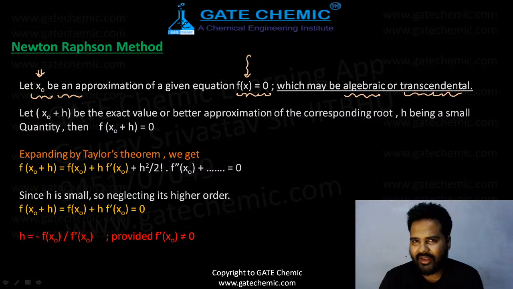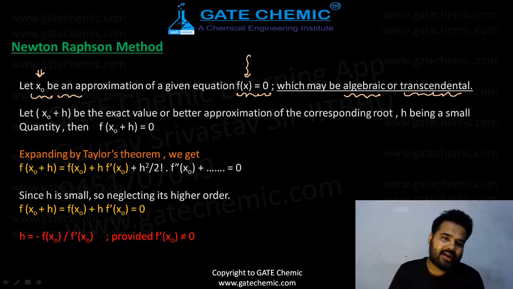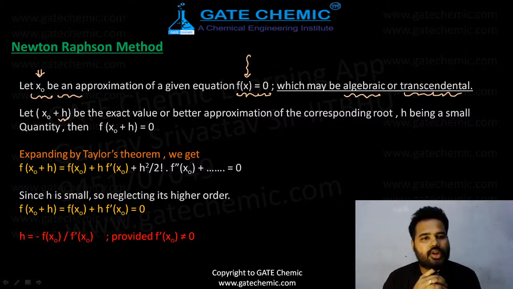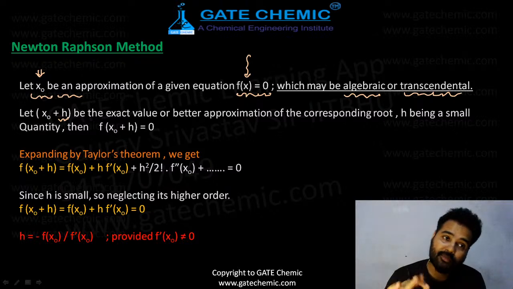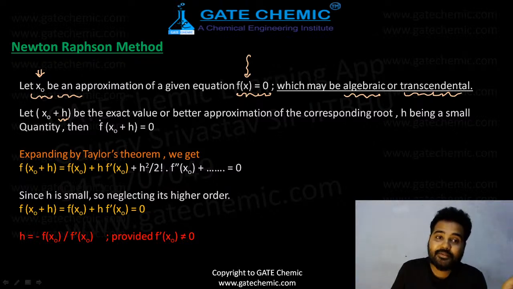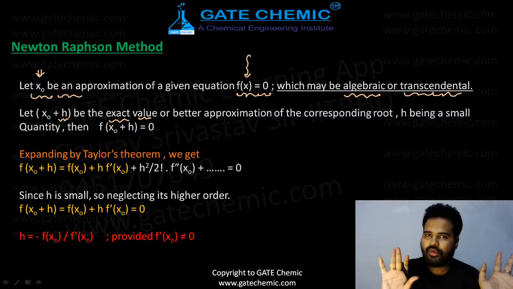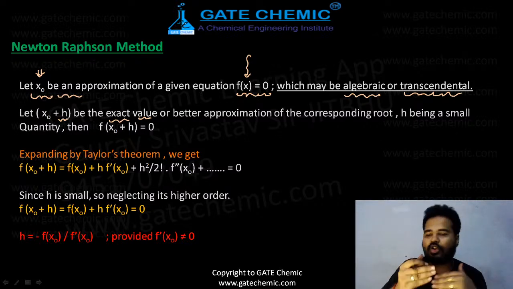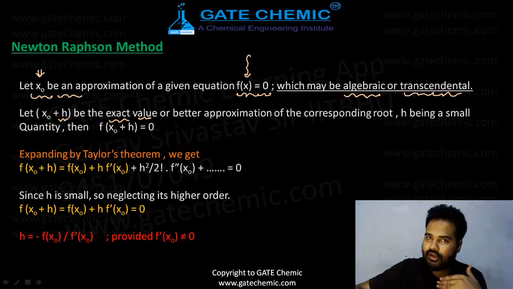So I am assuming there is some error present with this x0, and that error is h. So I am taking x0 plus h as my exact value. Maybe you get your exact value just after one approximation, but maybe you need more than one approximation.